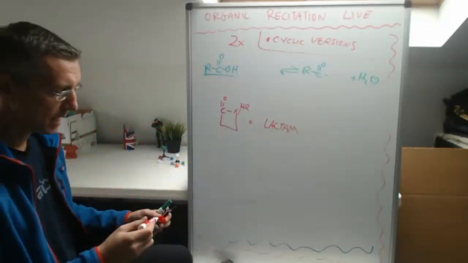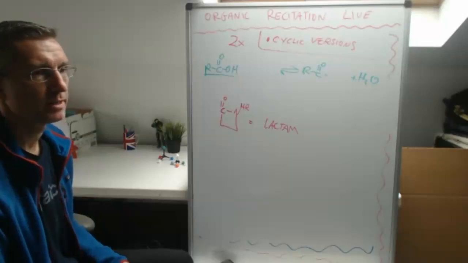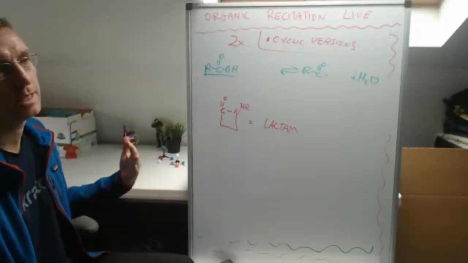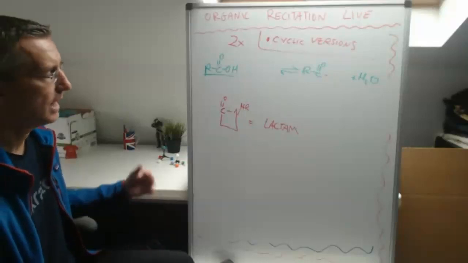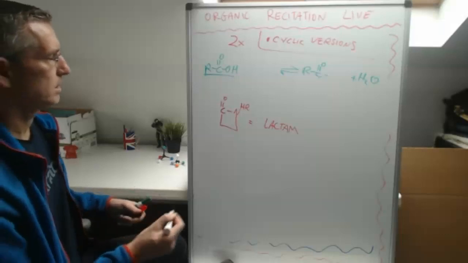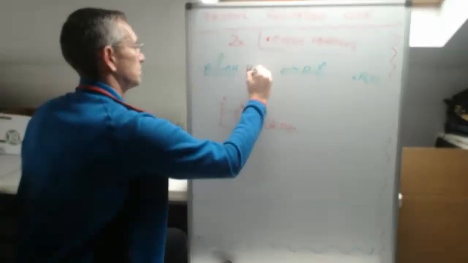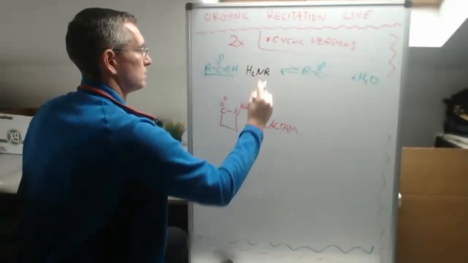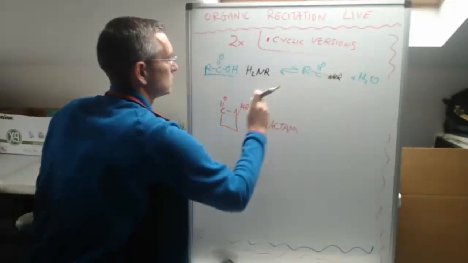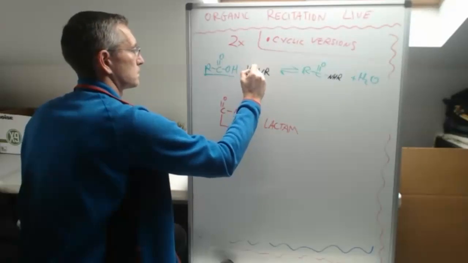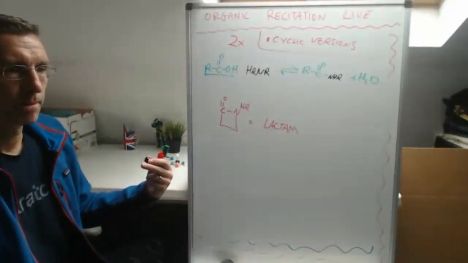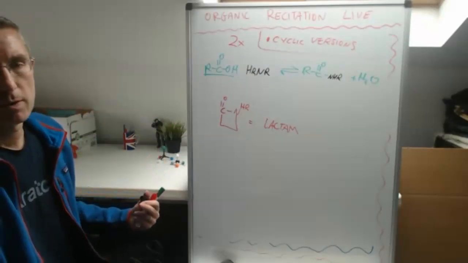A cyclic amide is called a lactam. So lactam means cyclic amide. The amide is an integral part of that ring system. This is very analogous to the one we just did.